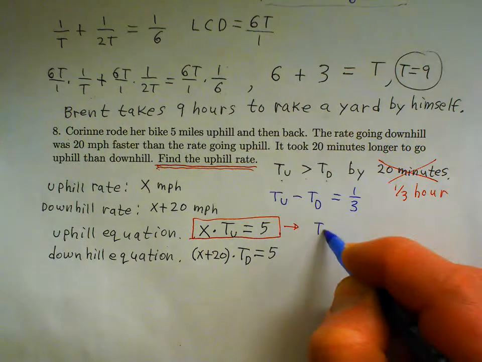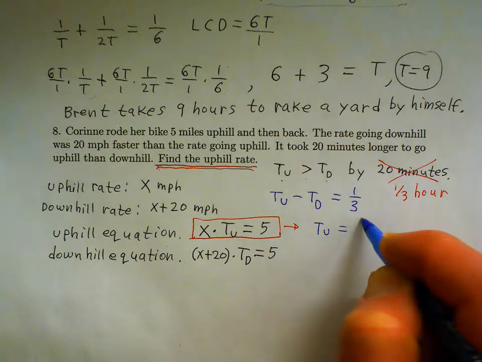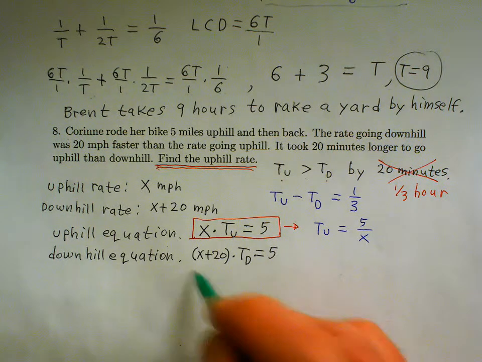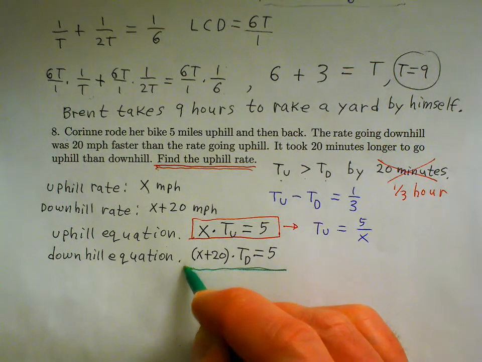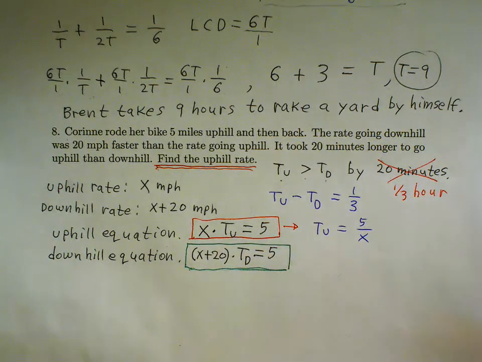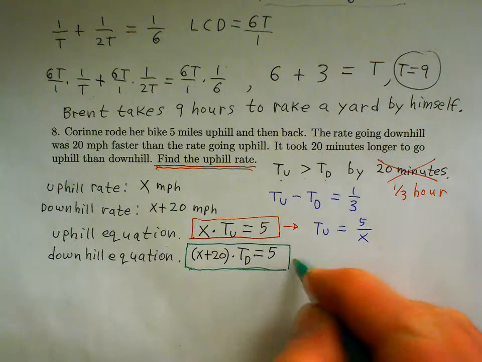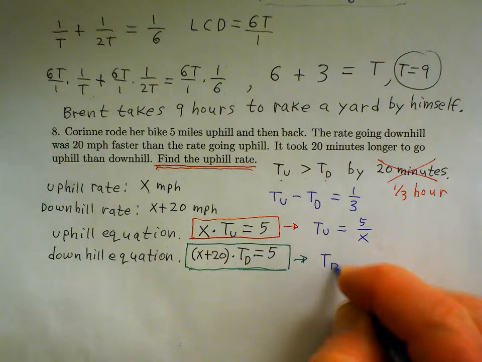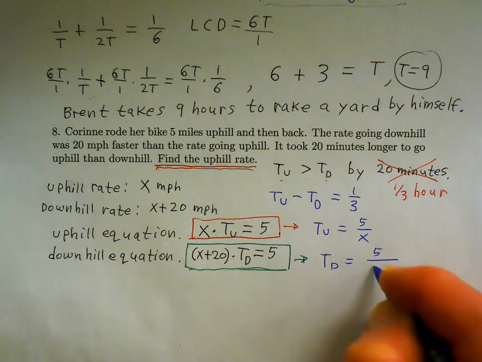Divide both sides by x, we get t sub u equals 5 over x. Solve this equation for time. Divide both sides by x plus 20, and we get t sub d equals 5 divided by x plus 20.